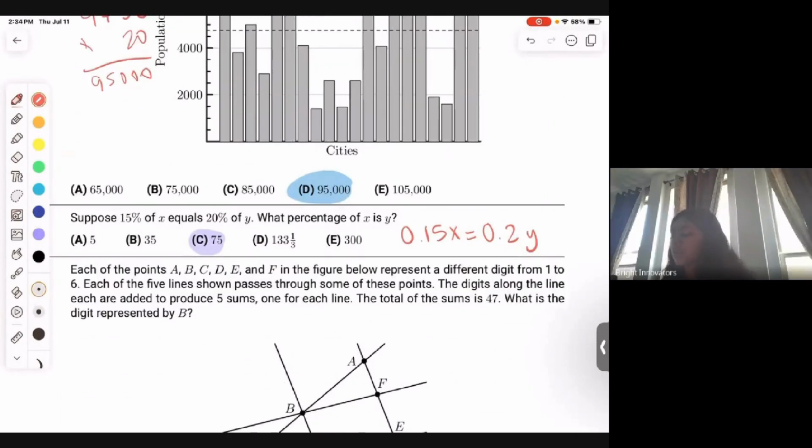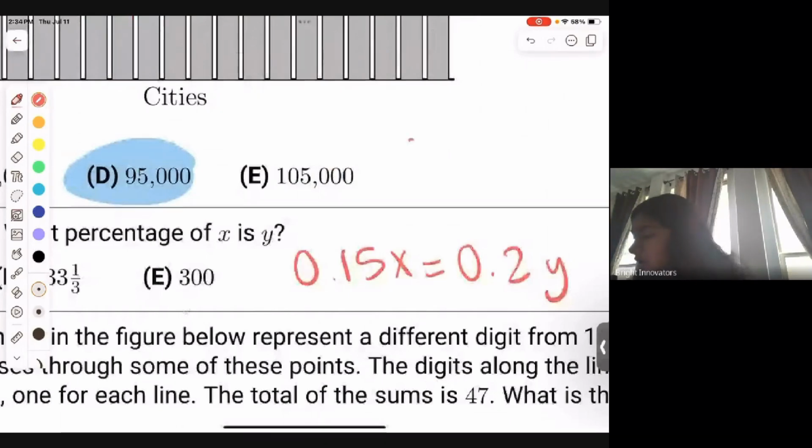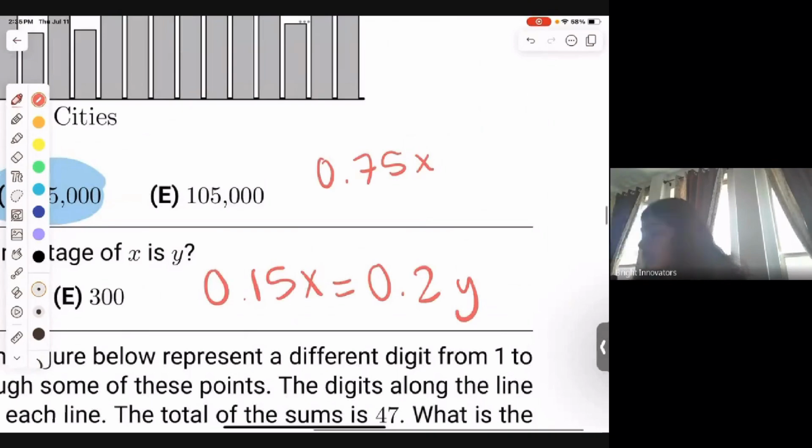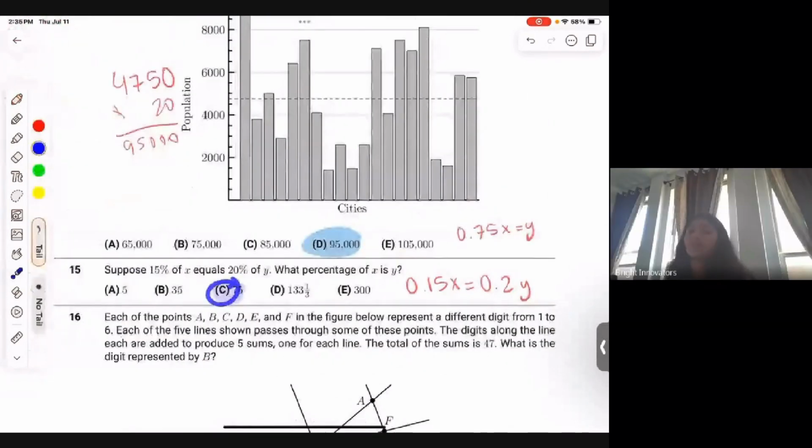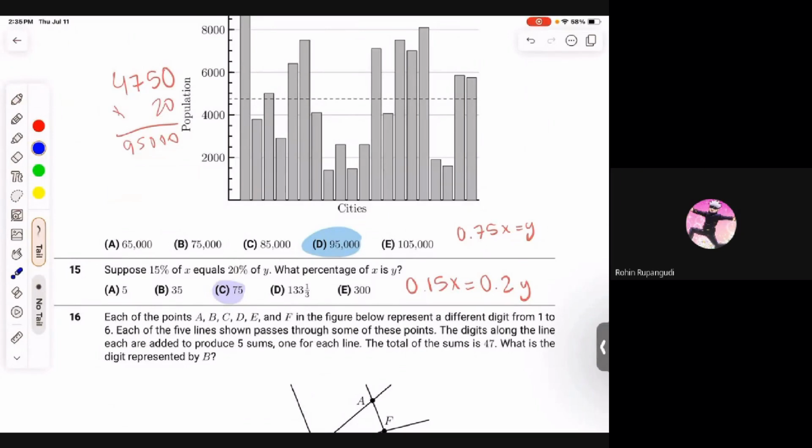Oh, okay. So you just wanted to make y a whole number, so you multiply by 5 on both sides. So 0.75x equals y. And then 75%. Okay, cool. Everyone get that one?